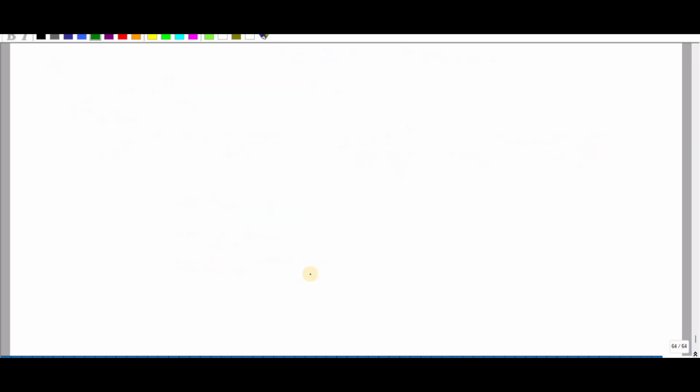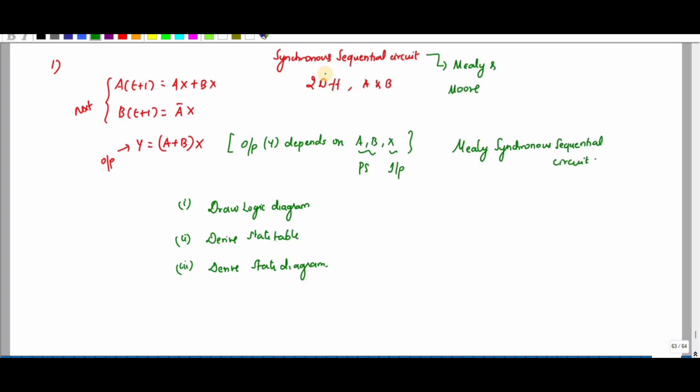So let me change the notation. QA+ is nothing but A(t+1), that is equal to Ax, which is QA x plus QB x.